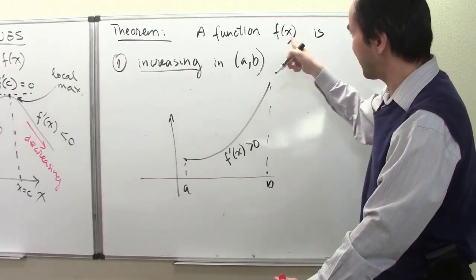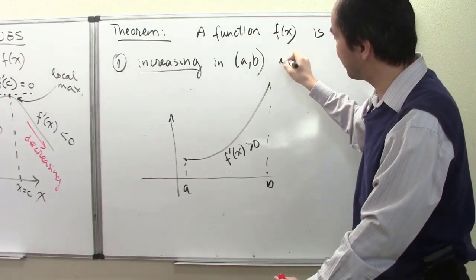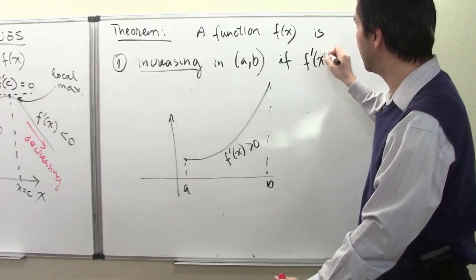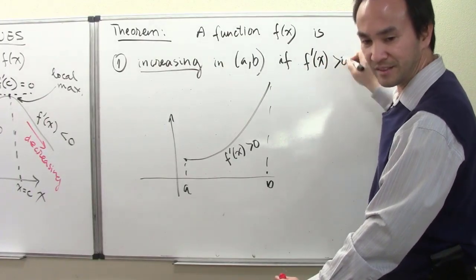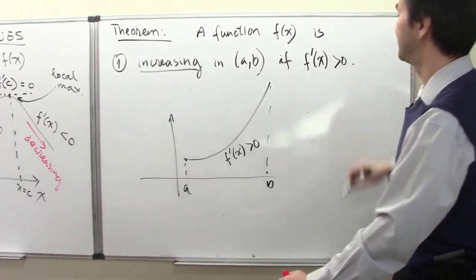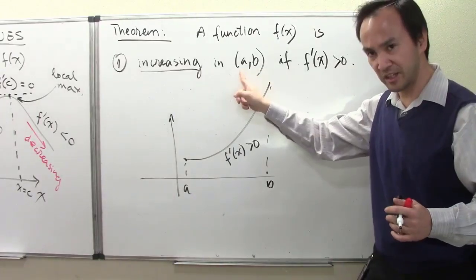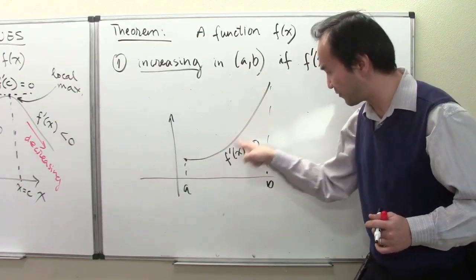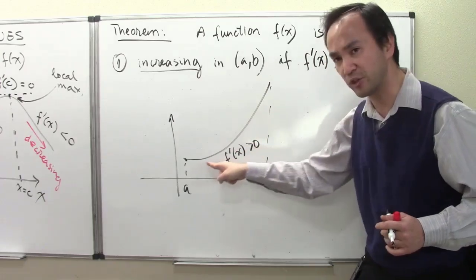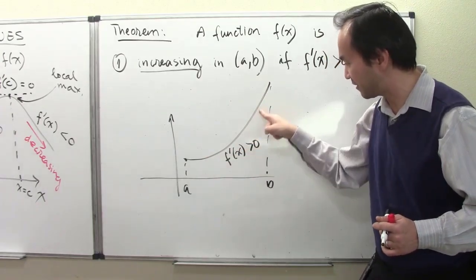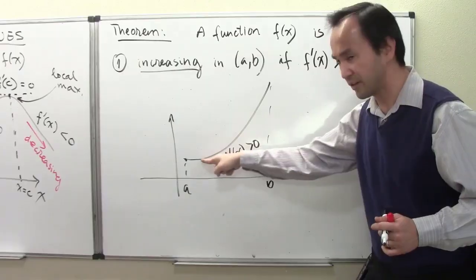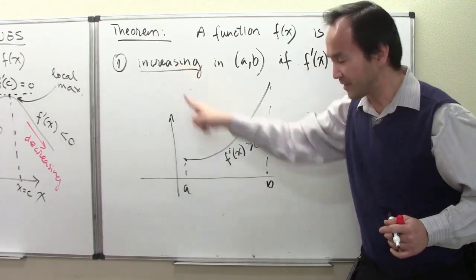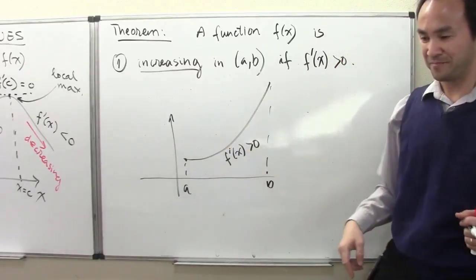The function f of x is increasing if the derivative of the function is positive. That means every behavior is taken inside of that given interval. So in between that interval, if you can prove or show that the derivative of the function is positive, then it means the function is increasing. Okay, that's how it is.